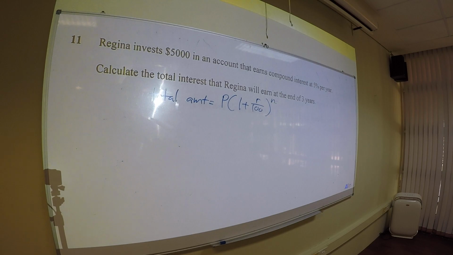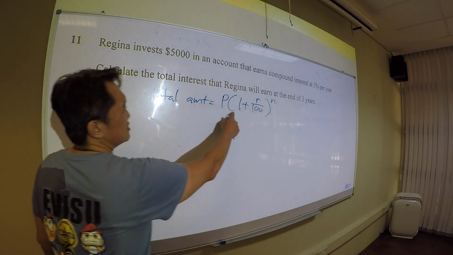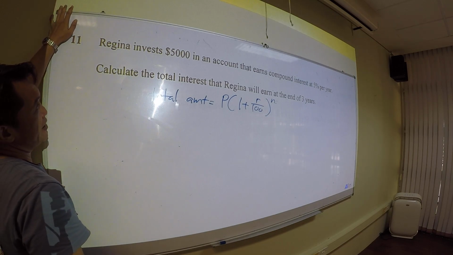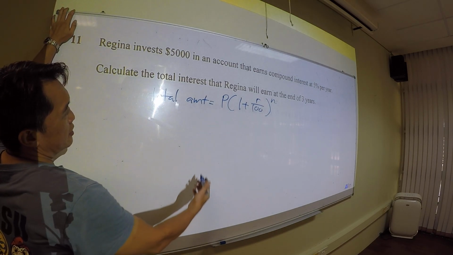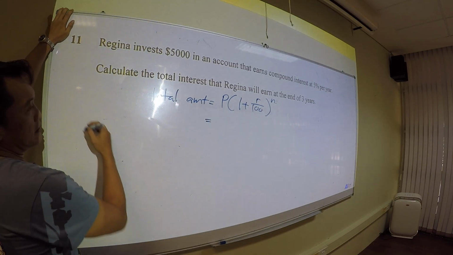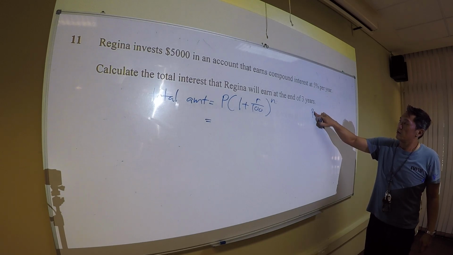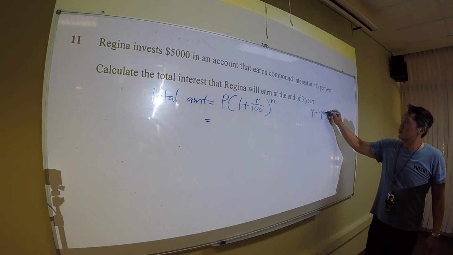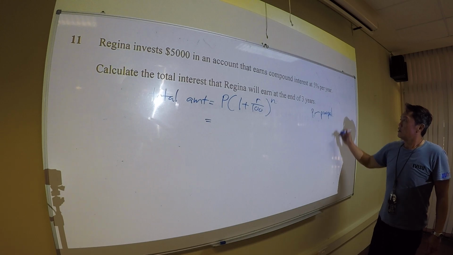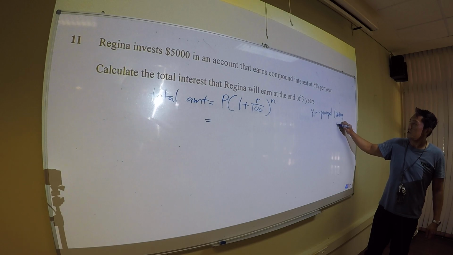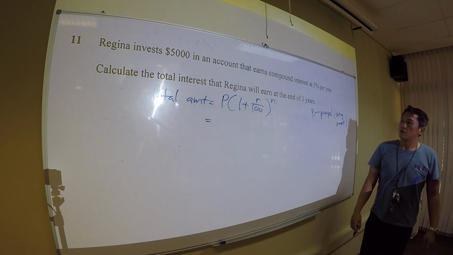They ask you to find, means all this is given. It's just identifying them. So what is P? P means principal, or the starting or your original amount of money. Okay?